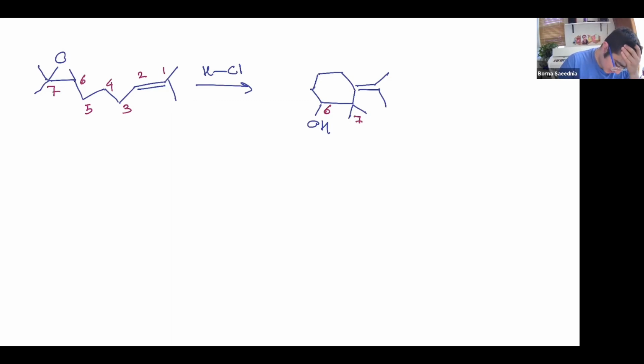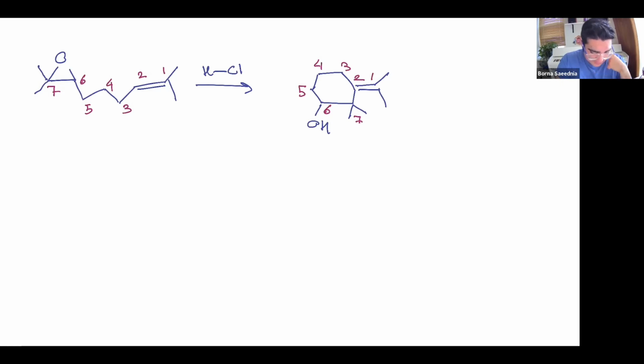And then after 6, there's 3 CH2, so they're likely to be 5, 4, 3. And then 2 and 1 are likely to be these two. And whenever I feel like I have done the numbering wrong, I can always go back. It's not a problem.